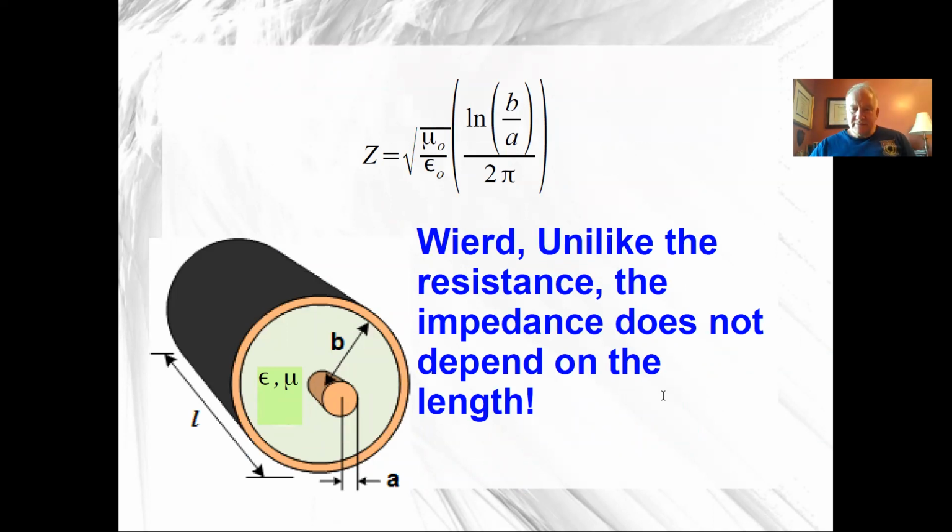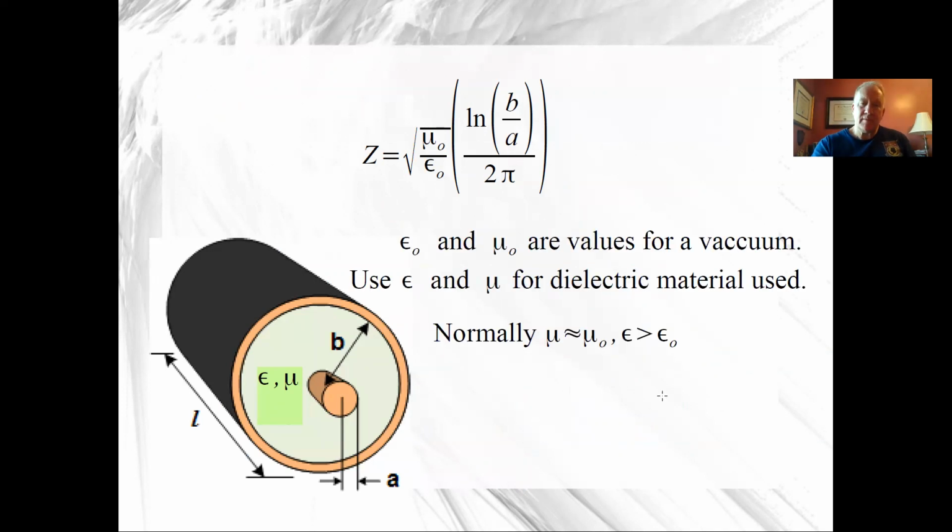So unlike the resistance, the impedance does not depend on the length. Mu naught and epsilon naught are values for vacuum, so we should use epsilon and mu for the dielectric material. And we can plug in and find out what we have for Z, which is the impedance.